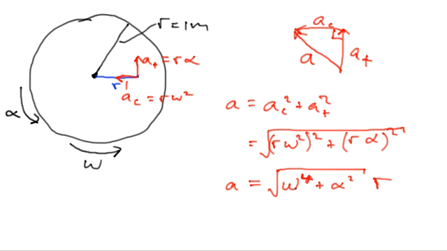And the algebraic sign doesn't matter for either one of them, whether it's going counterclockwise and slowing down. It's just the magnitudes, because they're getting squared, so the algebraic sign goes away.